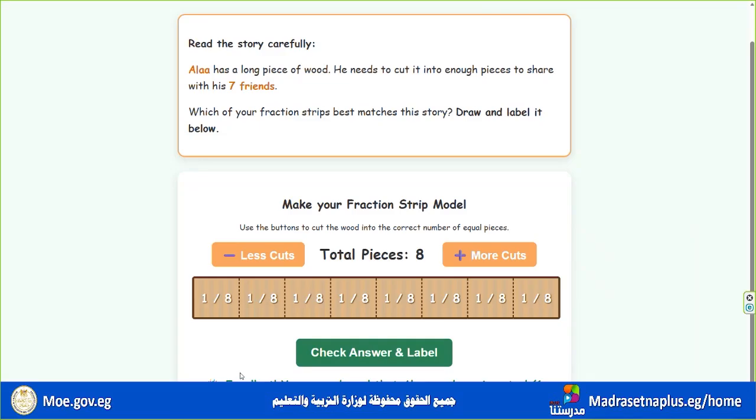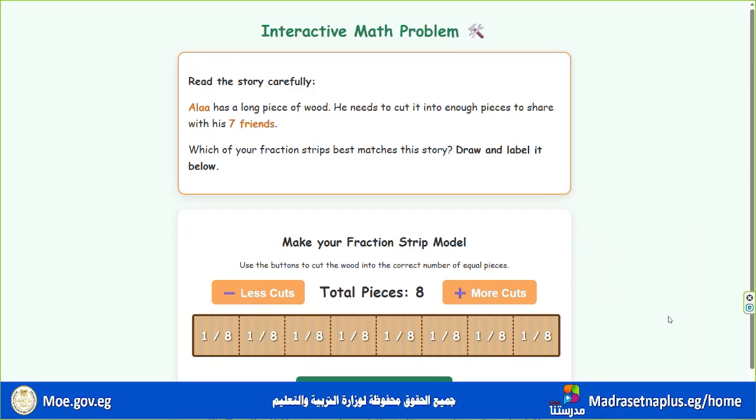Excellent. You remember that Ala needs a piece too: 1 for Ala, 7 for friends. So we should divide into 8 equal parts. So each part is 1/8. Okay, it's good.